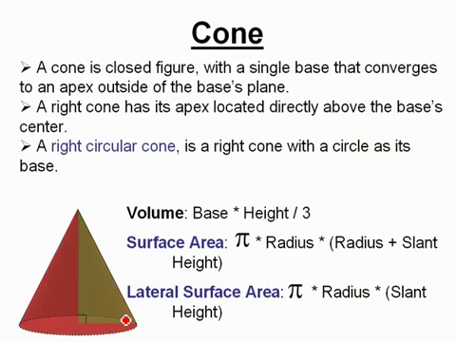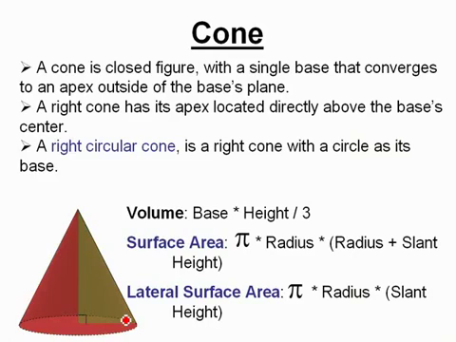A cone doesn't have to have a polygon as its base. It's frequent that it has a circle as its base, but it can be any closed planar figure, flat figure, that isn't a polygon.